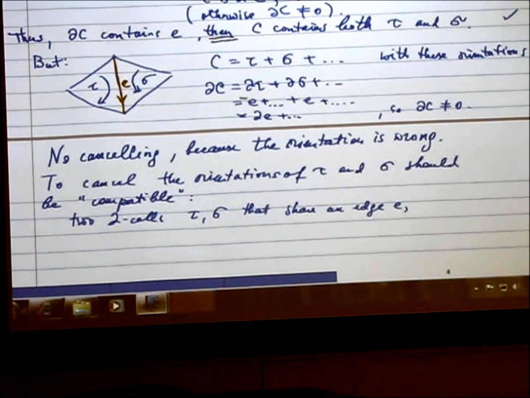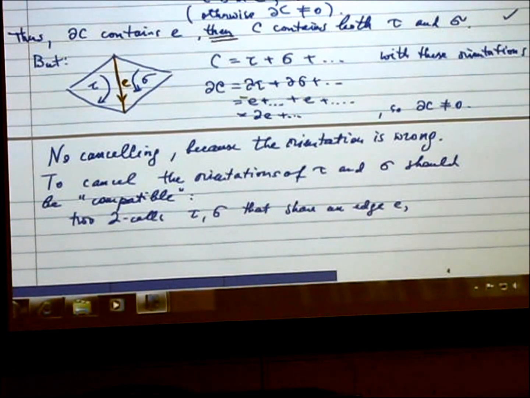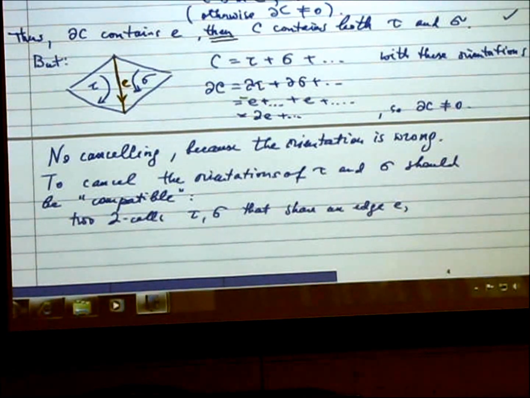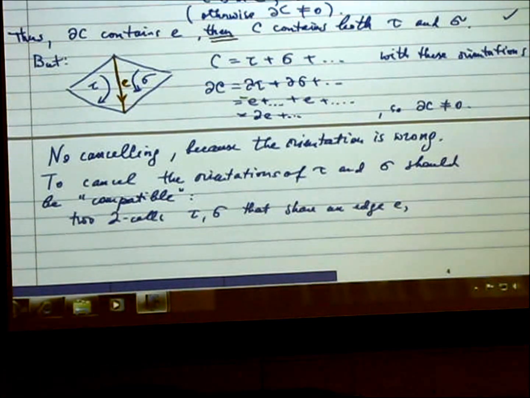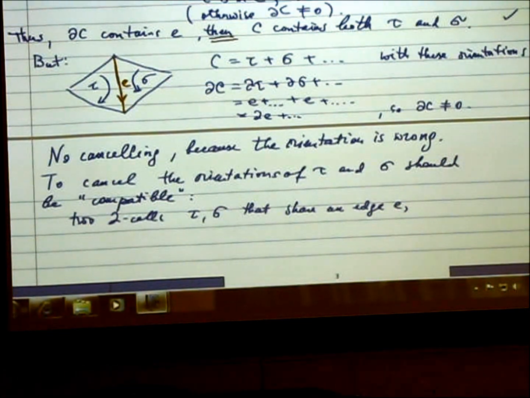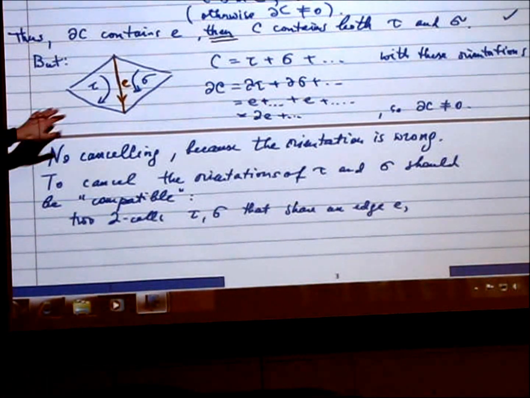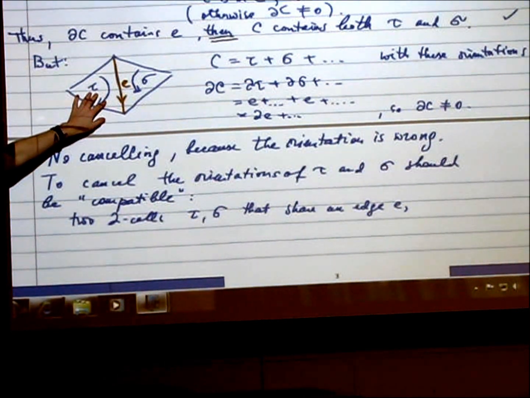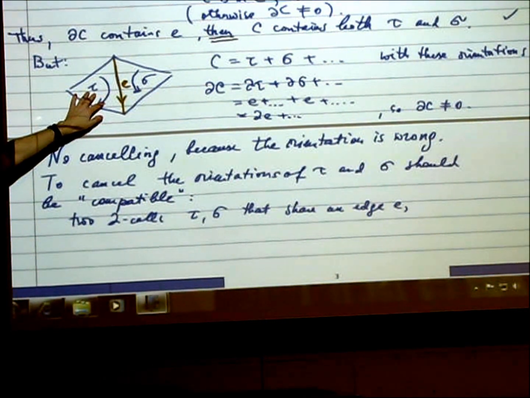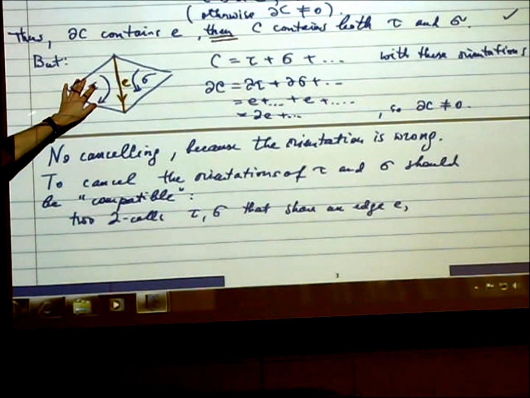Well, we certainly can fix the problem that we're having. We can fix it with an appropriate choice of orientations, but ultimately we're talking about C. So suppose the orientations of tau and sigma are given.